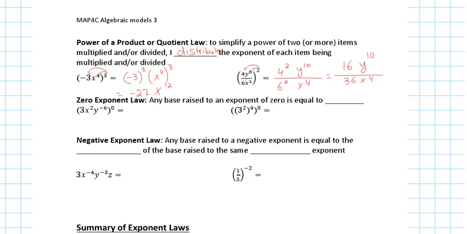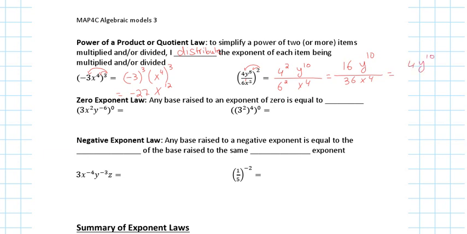All right? So 16 over 36, what can I do? Divide them both by 4. Let's divide them both by 4. If I divide 16 by 4, what do I get? 4y to the power of 10.